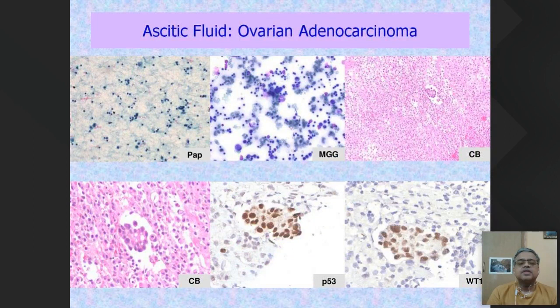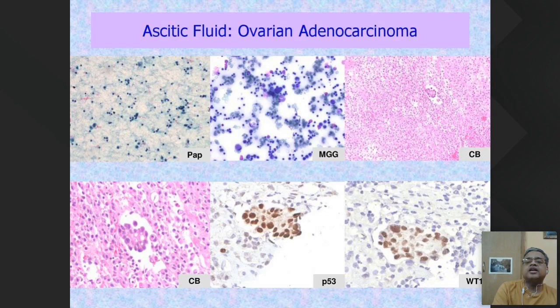This is ascitic fluid, ovarian adenocarcinoma again. On the PAP and MGG, cellularity low, predominantly inflammatory and reactive mesothelial and histiocytic population, no fragments. So normally in cytology, we would have gone negative, but when we did the cell block, we found some fragments. These were few fragments.